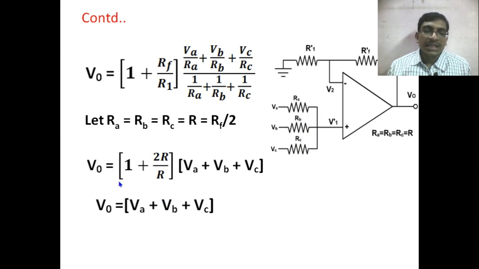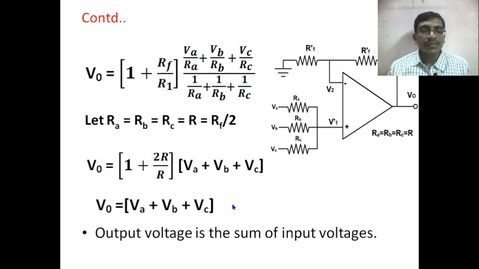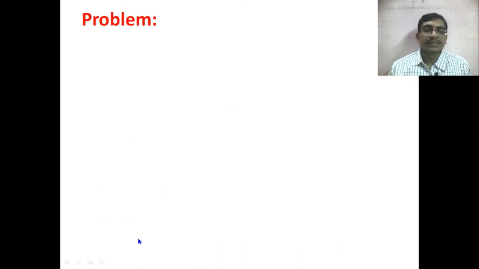Therefore, V0 is equal to VA plus VB plus VC by 3 will come, and that 3 gets cancelled by the 3, which is the gain of the amplifier. Therefore, the output voltage is equal to the sum of the three input voltages, VA plus VB plus VC. The output voltage is the sum of the input voltages.